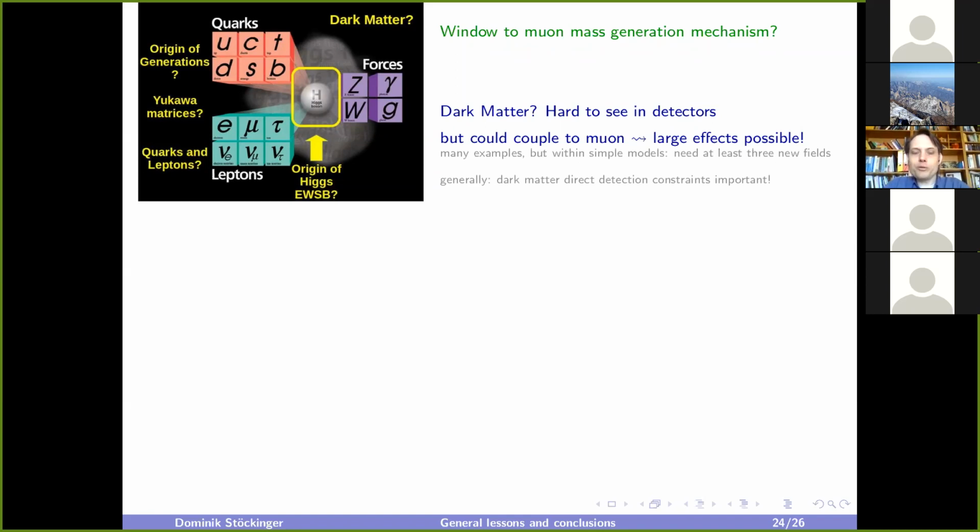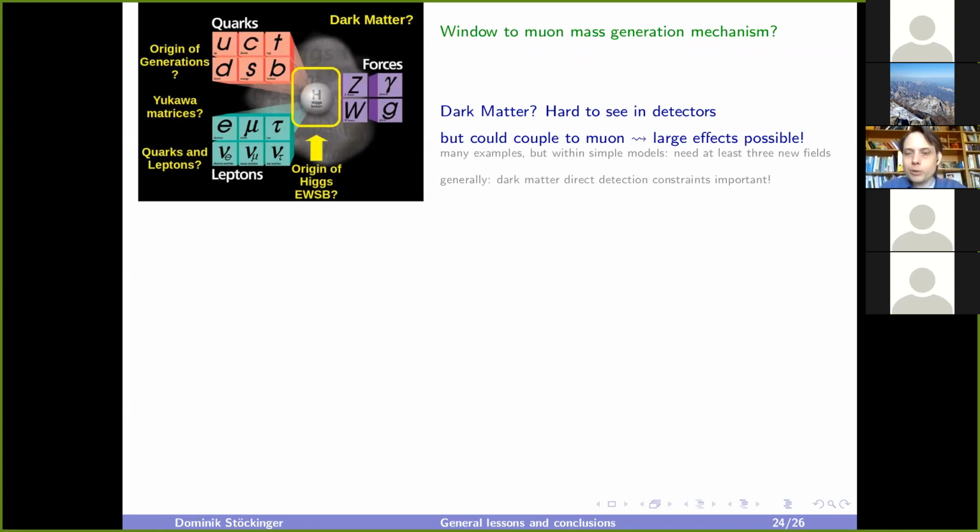So why is G-2 connected to dark matter? Very obviously, dark matter is by definition hard to see in detectors. But of course, dark matter could couple to muons, and that means that dark matter is a very good way to give rise to large effects in G-2, which are hard to see elsewhere. And indeed, that is the simple explanation why so many examples exist where G-2 is explained using dark matter particles.